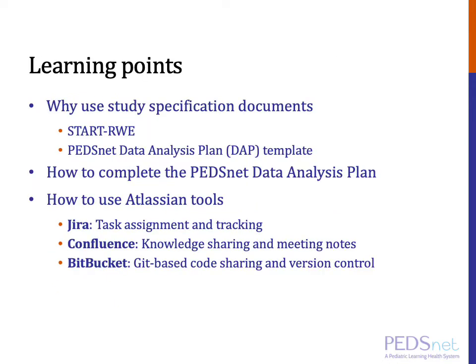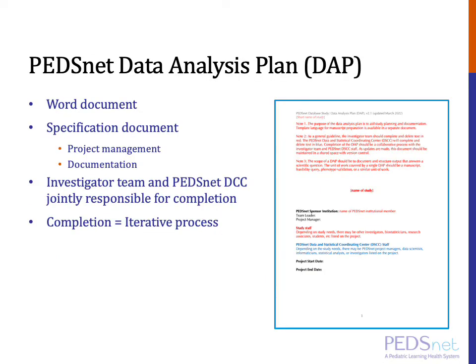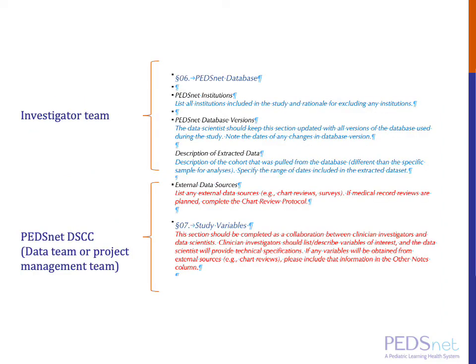Moving on from why use study specification documents to how to complete the PEDSnet DAP as part of the PEDSnet study workflow. So just to reiterate, the PEDSnet DAP is a Word document for study specification that is collaboratively and iteratively completed by the study team.